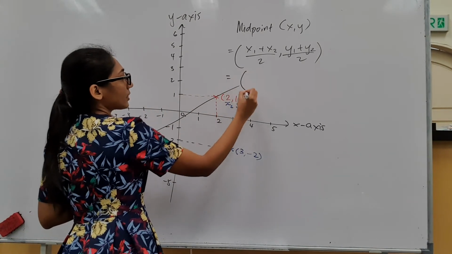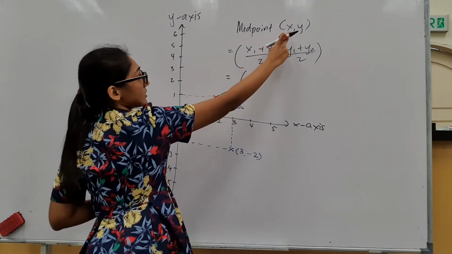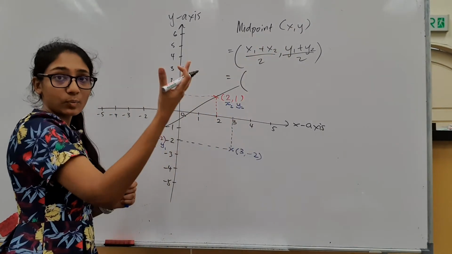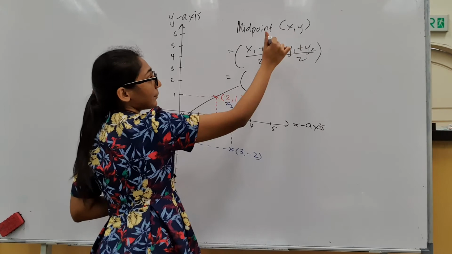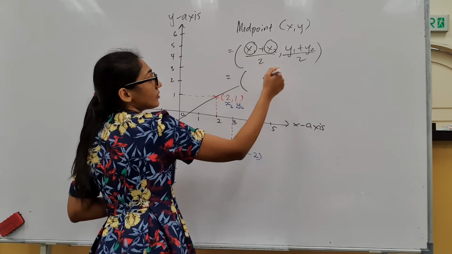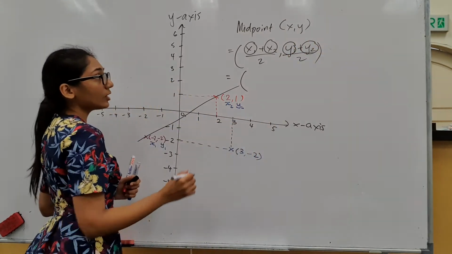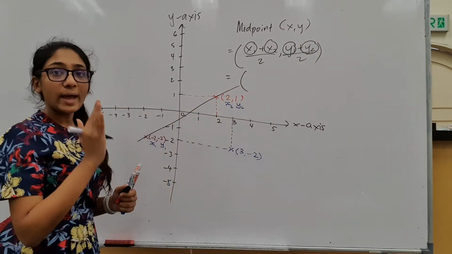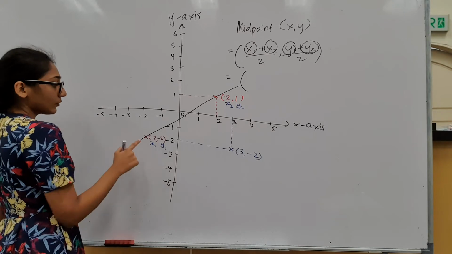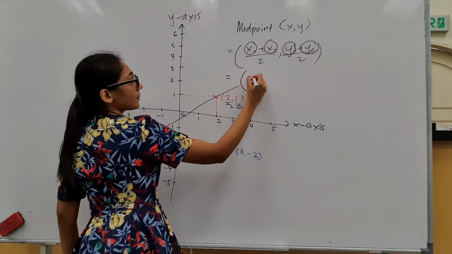Because my midpoint is also an x and a y coordinate, for the first number I use all the x. For the second number, because it's a y, I use all the y. I cannot take one x and one y, no. x with x, y with y. So the first x is -2.